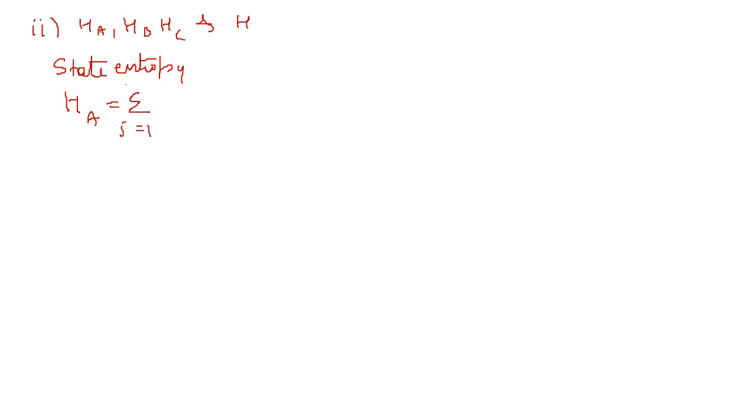Second question is to find the state entropy, which is nothing but HA, HB, HC and then H. So first we'll try to write the equation for state entropy. What is the state entropy equation? We know already that state entropy HA is nothing but summation J equal to 1 to N of P_AJ into log 1 by P_AJ.